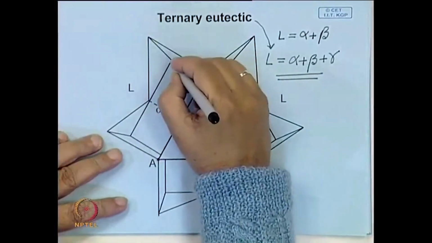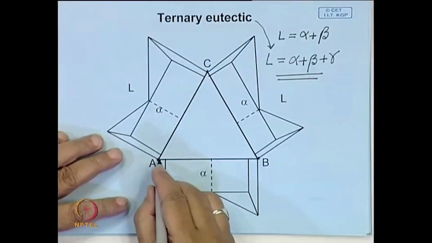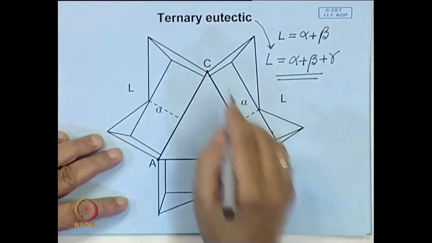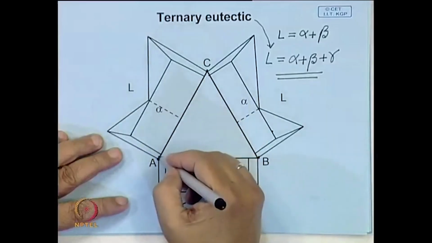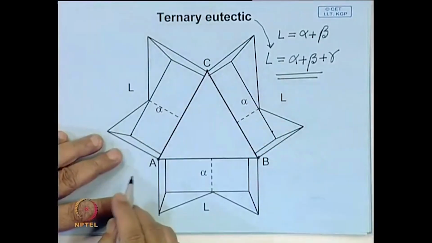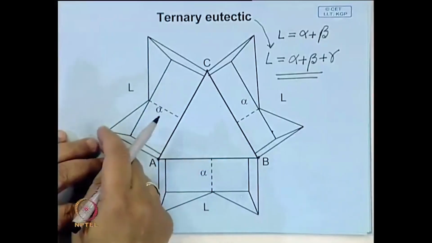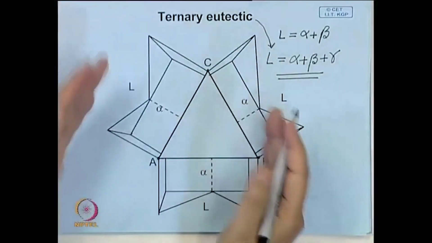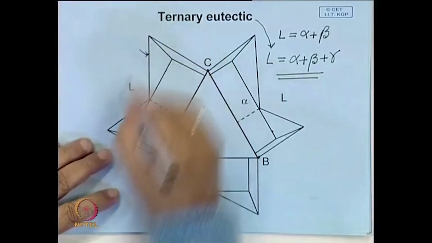This is the binary eutectic isotherm for system A B, this is the binary eutectic temperature for the system B C, and this is the binary eutectic temperature for the system A C. Here also you cut out this portion and fold it along this line, and now you imagine this is the liquidus line.